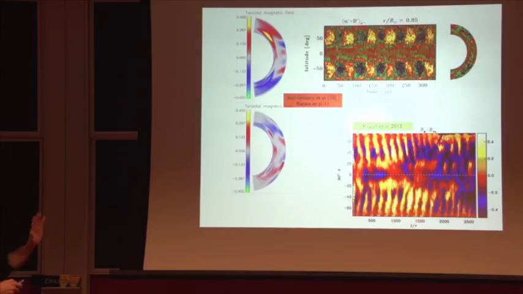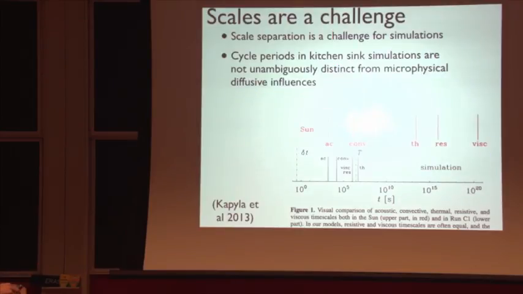Now, there are other examples of cycle periods. The problem with a lot of these simulations in interpreting them is that the scales involved in simulations are a tiny range compared to what actually goes on in the sun. The sun has a viscous scale and a resistive scale at these orders of magnitude, and a convection time scale down here. The simulation has this limitation that the resistive time scale and the viscous time scale are very close to the convection time scale, so one hasn't demonstrated clearly in the simulations that any cycle periods are actually on turbulent turnover time scales.